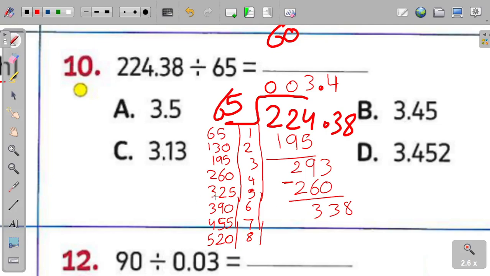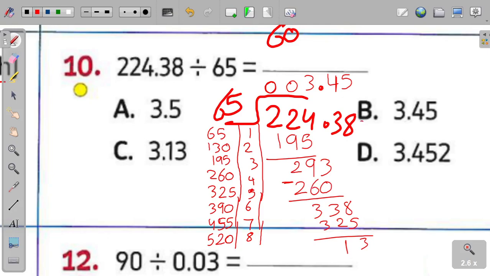338 is between 325 and 390, so I will take 325. 325 divided by 65 equals 5. So the result will be 8 minus 5 equals 3, and 3 minus 2 equals 1. So the remainder is 13, but I don't want any remainder.